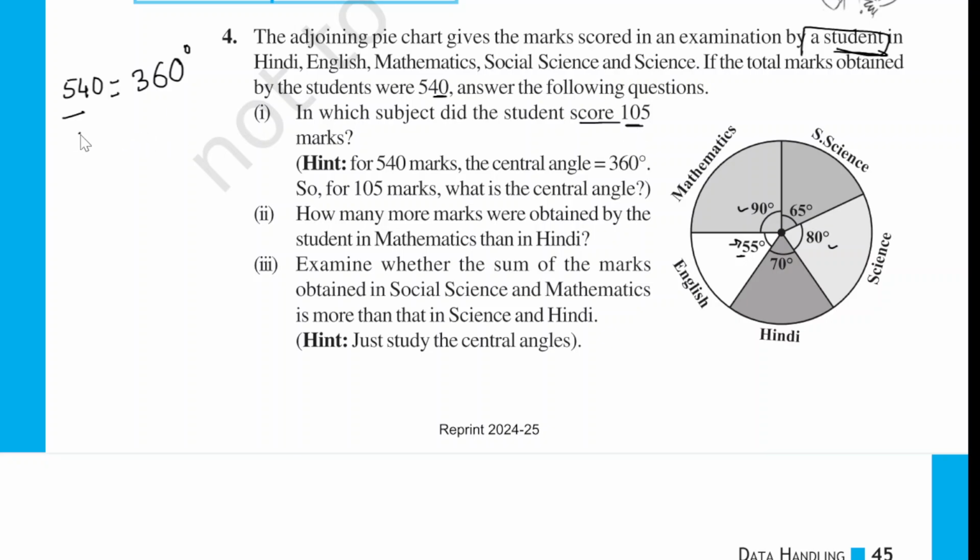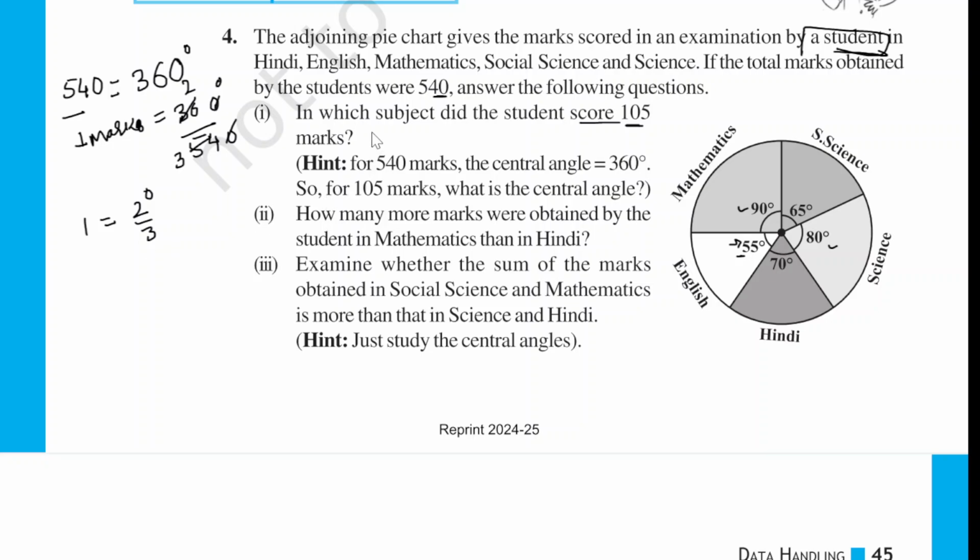So 1 mark represents how many degrees? 1 mark represents 360 by 540 degree. Cancelling, 18 twos are 360 and 18 threes are 540. So 1 mark is equal to 2 by 3 degree.